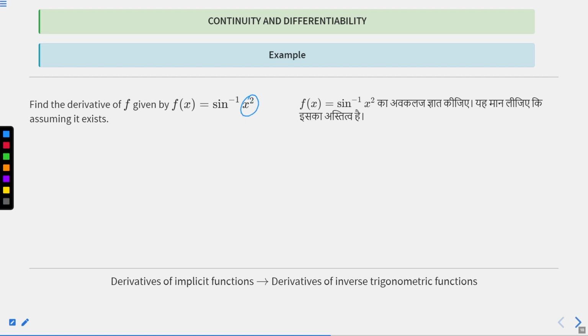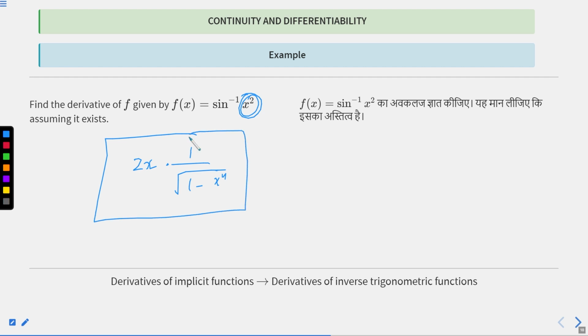So the derivative of the inside thing will be 2x. The derivative of the outside thing, sine inverse, you all know, is 1 by root of 1 minus x square. Wherever x is written, I will replace x by this thing. So 1 minus x square means 1 minus this whole square, which means x power 4. So you will get your answer like this. Very simple.